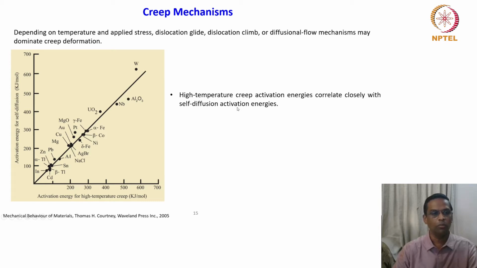This is one proof that the self-diffusion activation energy is correlating very well with the high temperature creep. So this correlation indicates that creep deformation is associated with diffusional flow. This is one experimental evidence that clearly shows that high temperature creep deformation involves diffusional flow.